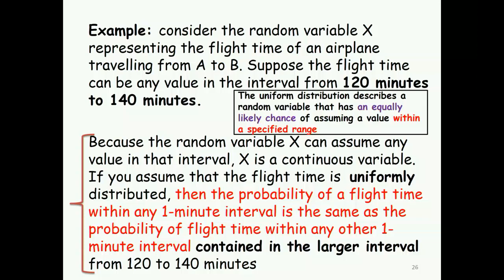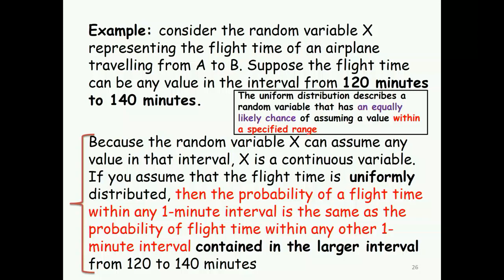If you assume that the flight time is uniformly distributed, then the probability of a flight time within any 1 minute interval, 120 to 121, 121 to 122, 122 to 123, is the same as the probability of flight time within any other 1 minute interval. It is uniform.